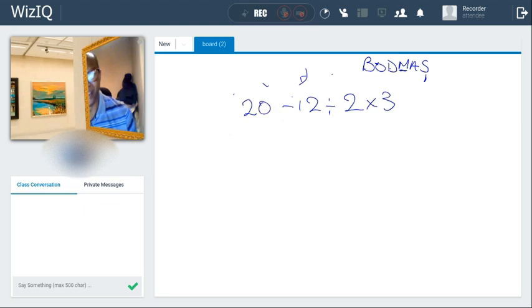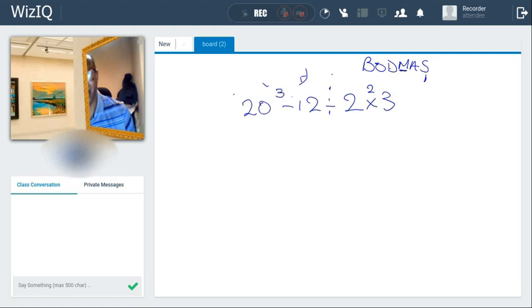So we are going to look at our BODMAS here. Division, and then we have multiplication, which means this first, this second, and this third.